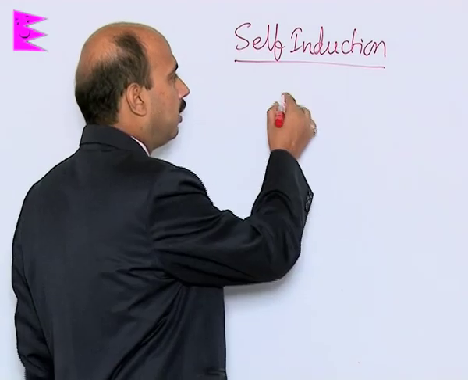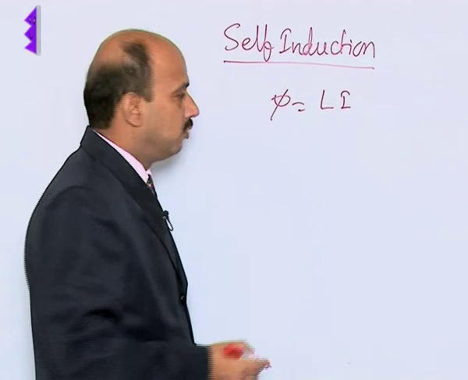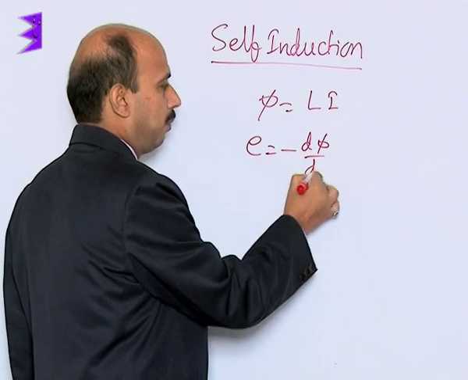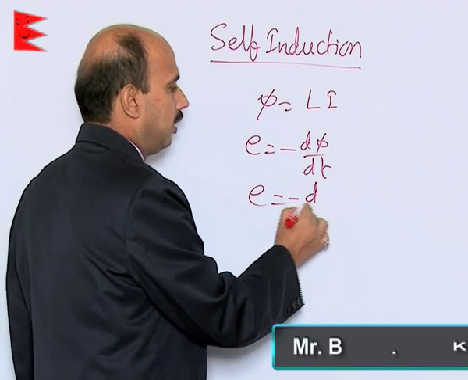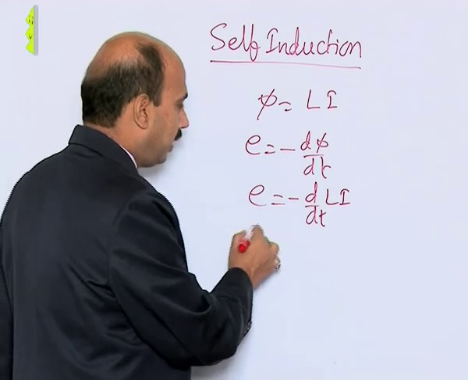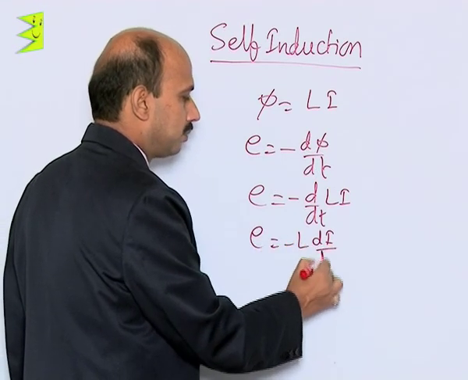So now we have flux is equal to Li, so we can calculate the induced EMF. Induced EMF is equal to minus d phi upon dt. So E is equal to minus d upon dt of Li. So we can write E is equal to minus L di upon dt.